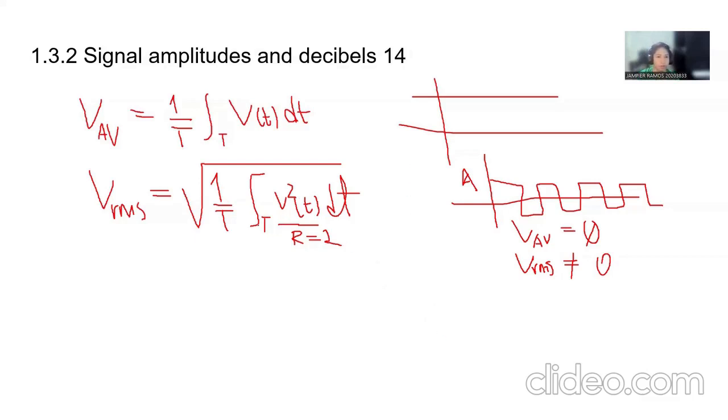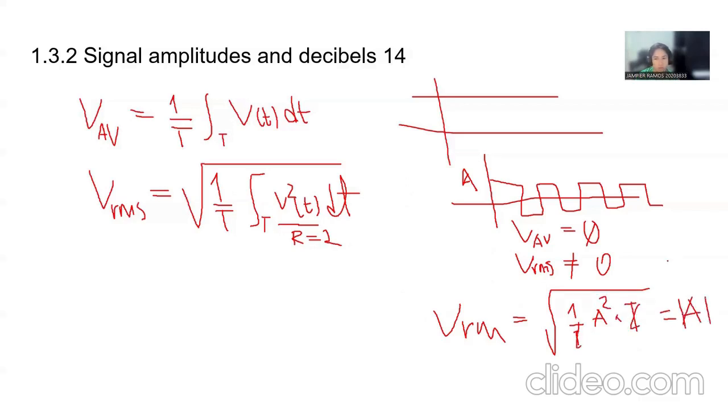This is a constant, so V_RMS is 1 over T times A squared times T, so the answer is A. And this is more useful for different applications. We're going to talk about why in the next topics.